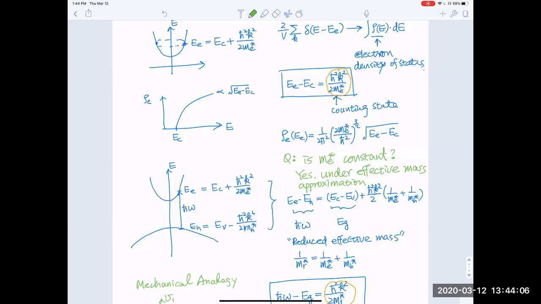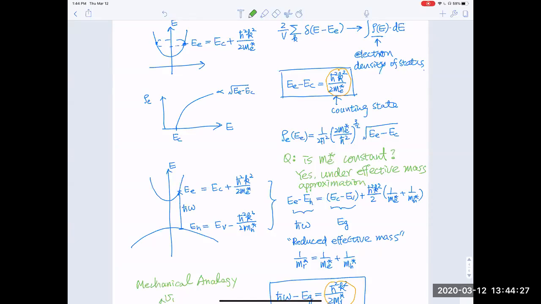We did mention this is a very good approximation for all the electron states near the band edge. For most practical devices, lasers, detectors, and electronic devices, these are reasonably good approximations.